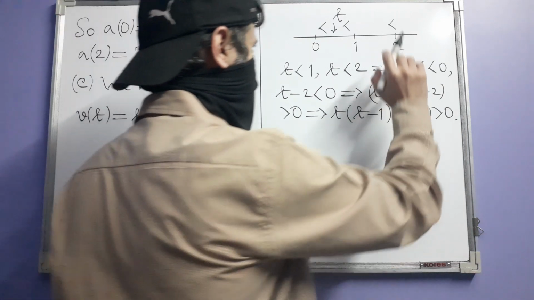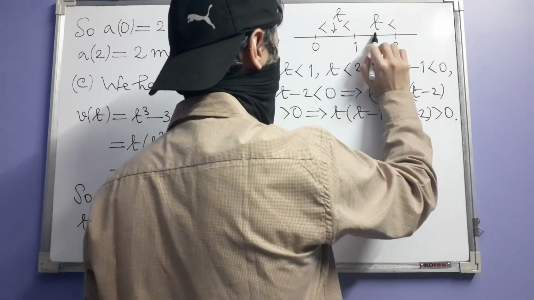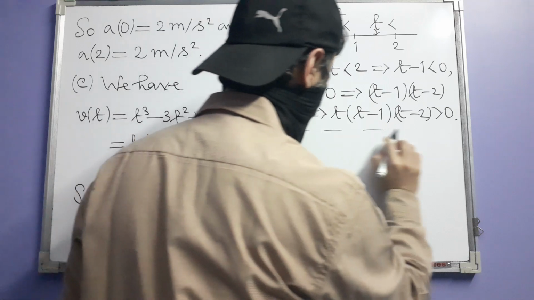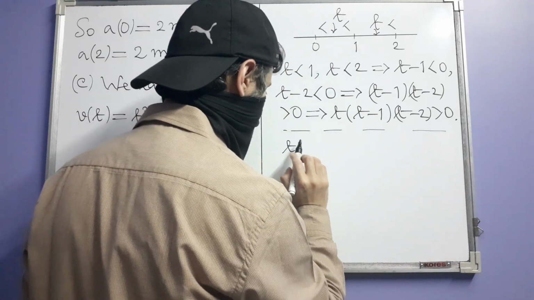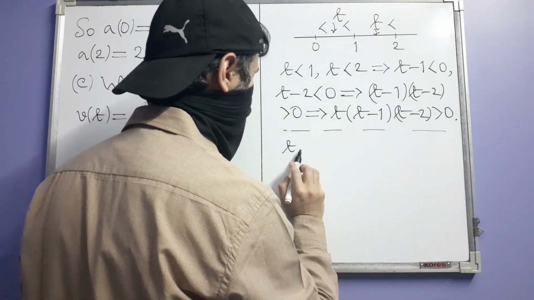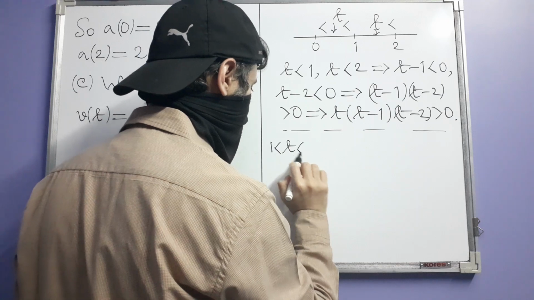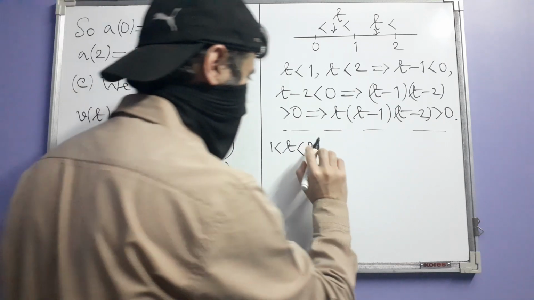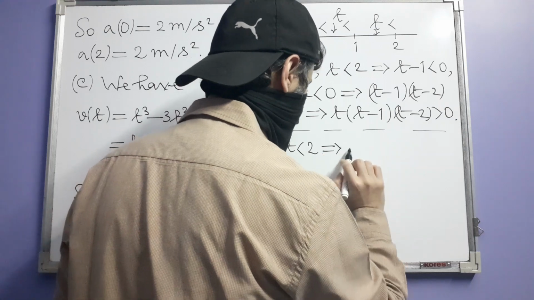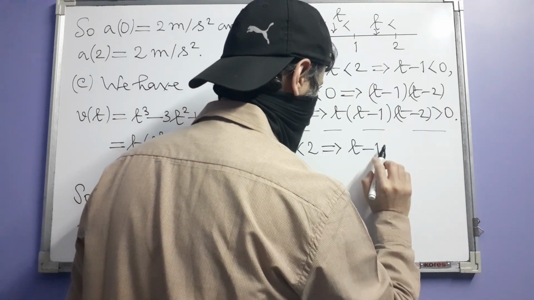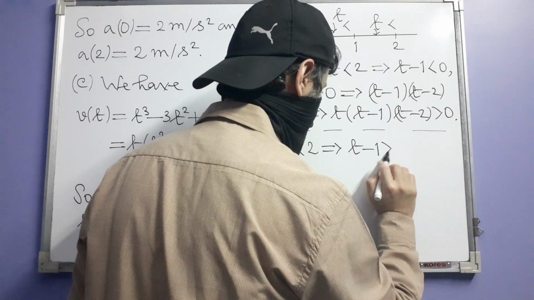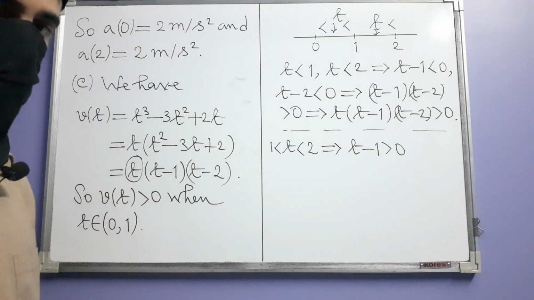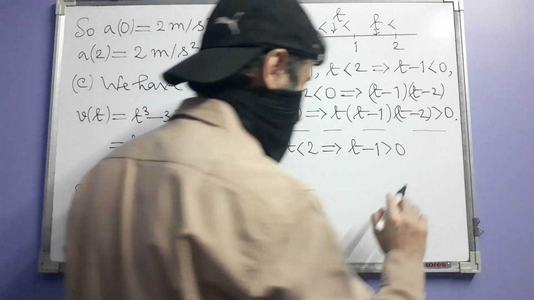Now what will happen if instead t lies here? T is greater than 1. Now say t is greater than 1 but less than 2. In this case, t minus 1 will be positive because t is greater than 1, but t minus 2, like that one, will be negative.